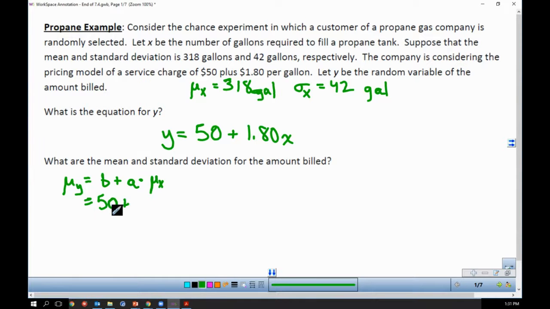Our B is $1.80. And we said the mean of X is 318. Our mean comes out to be what?